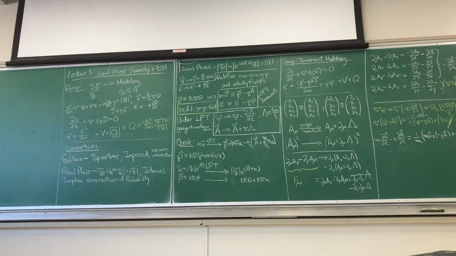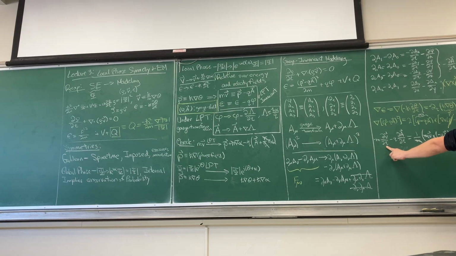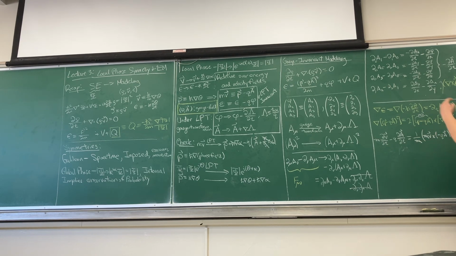Okay. Now, forces generally are going to be minus a gradient. So I'm going to multiply this whole thing by minus 1. So all of the minuses become pluses and all the pluses become minuses. I'll rewrite the equation here. And I can rearrange things. So notice that I have m v dot nabla v, and I have m partial v partial t. So if I move this over to that side, this would become a minus, but then I multiply everything by minus 1, so they both become pluses.